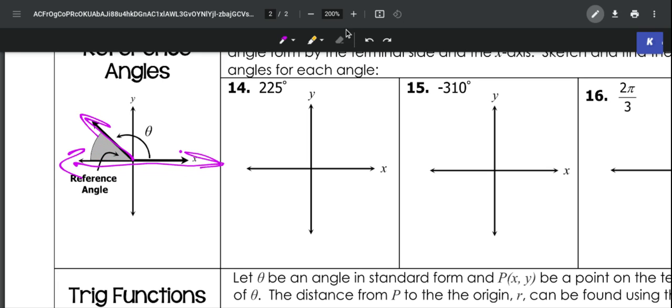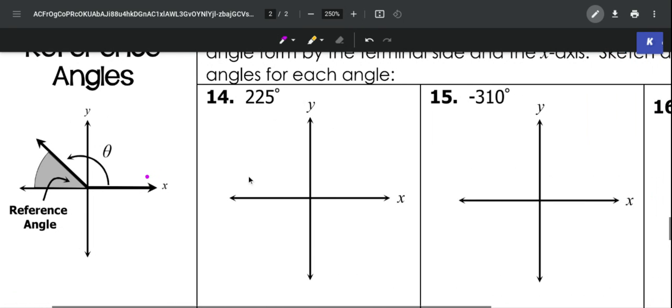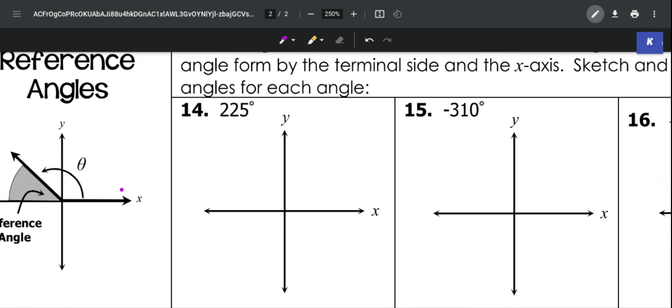So like if we were looking at 225, that would look somewhat like this. These don't have to be exact. We can sketch it. So 225, if this were to open up in a straight line, this would be 180. So it's going to have to be past that.